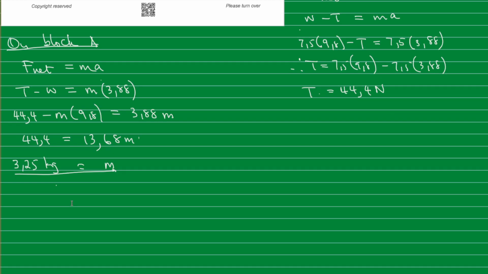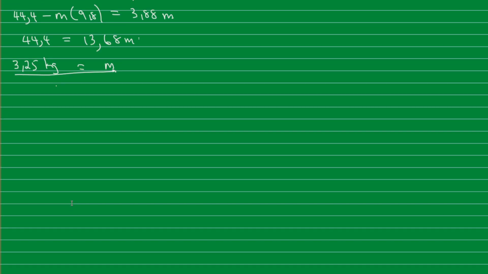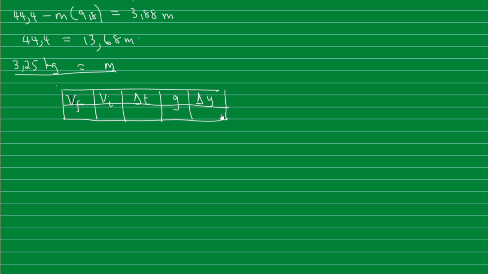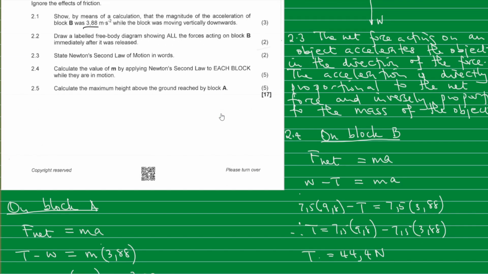So we can draw up our normal table, which has our V final, V initial, time, acceleration, and delta y. The acceleration in this case is g, because it is in free fall and the only force acting on it is gravitational force. Now let's fill in that table.